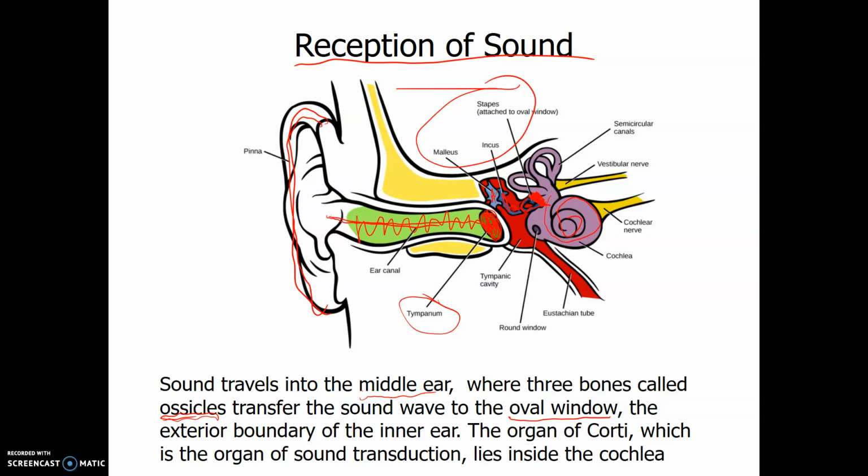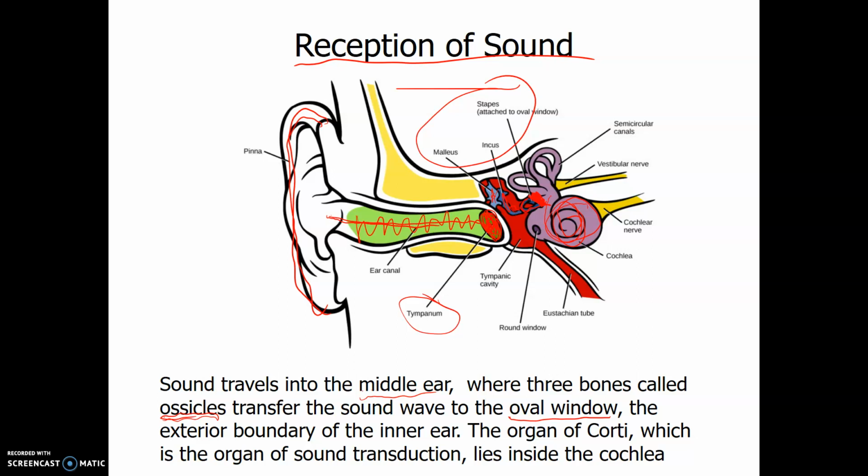It's not labeled here, but it's inside this cochlea, and it's the organ of sound transduction. It contains little hairs, and when the fluid in the cochlea moves against the little hairs, it causes the production of sound and can regulate things like pitch and amplitude, or volume, of the sound.